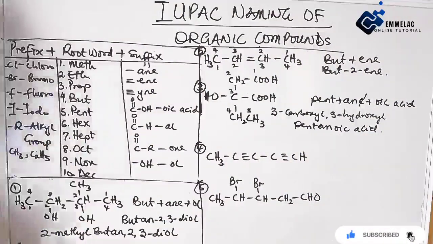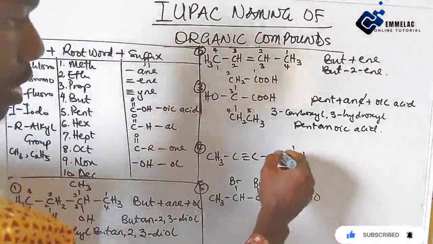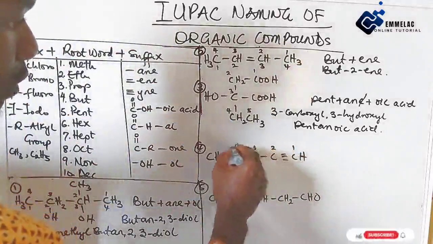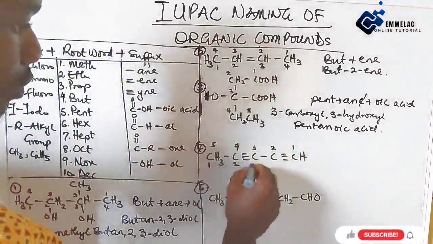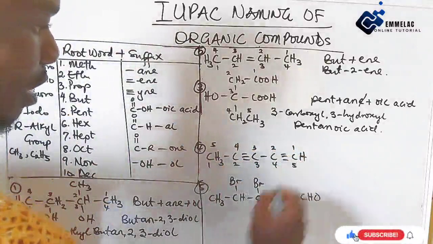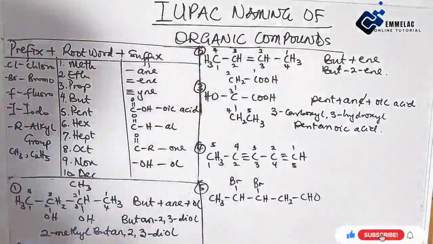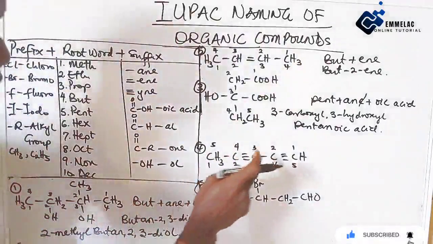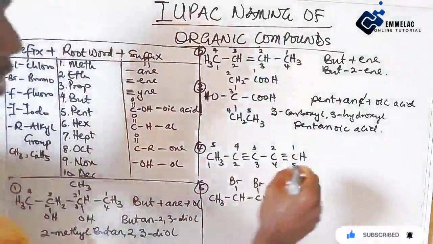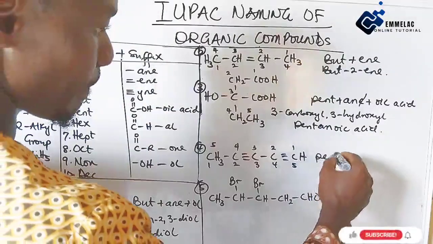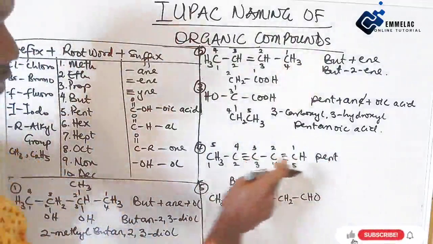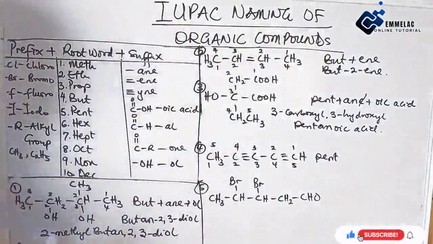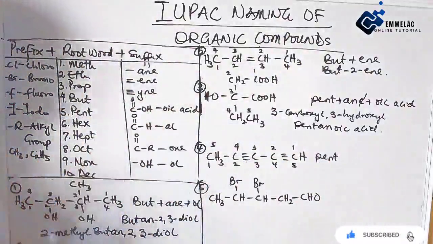All right, with this, let us start with this one. 1, 2, 3, 4, 5. 1, 2, 3, 4, and 5. Now with this we can ascertain this 1, 2, 3, 4, 5, and for 5 we have pent. Since we have triple bonds there, we have the yne. But we need to ascertain the position.